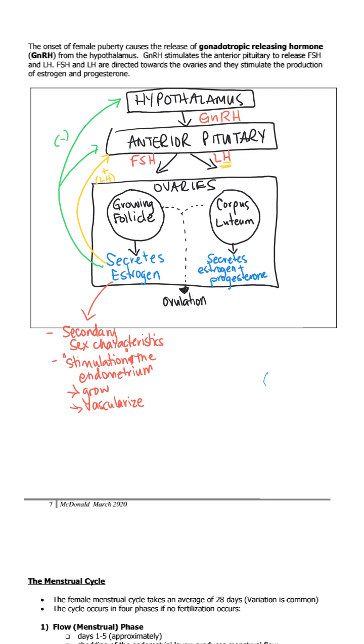a potential fertilized egg. Progesterone's responsibility is to maintain the endometrium. And when something is maintaining the endometrium, it means that it is preventing uterine contractions.